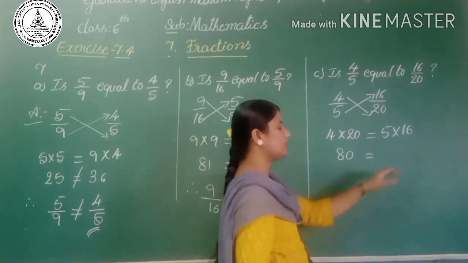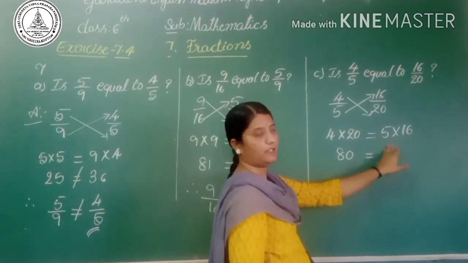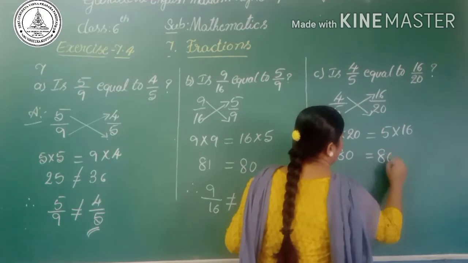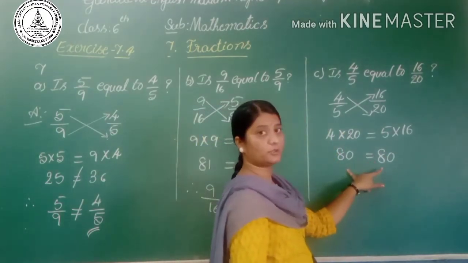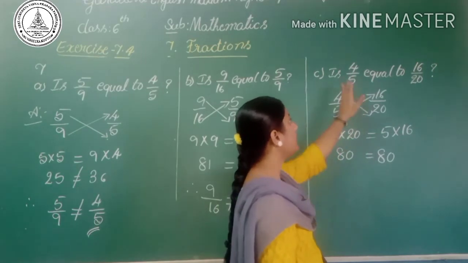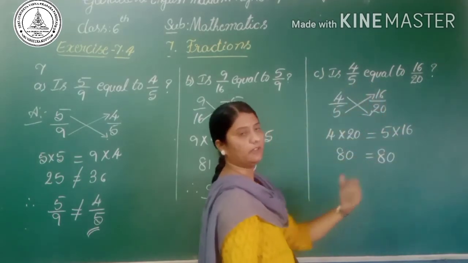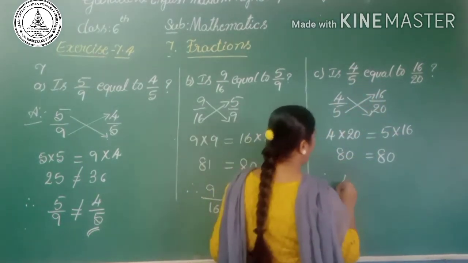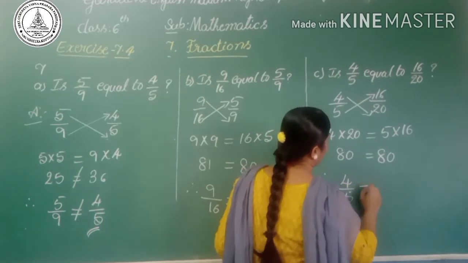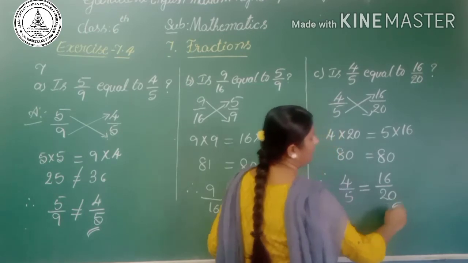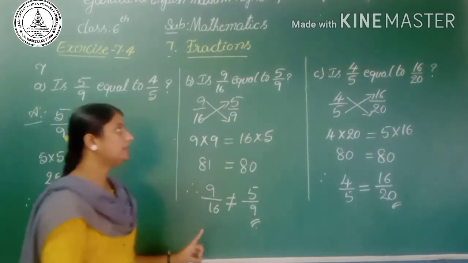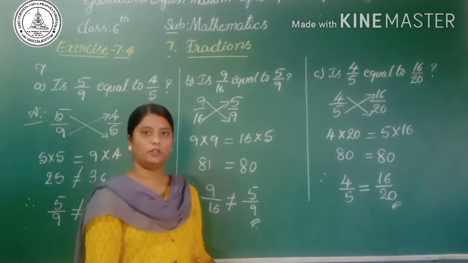Then 16 5s are 80. Right? So the product of these two are the same. Therefore the given fractions are equal. Therefore write down 4 by 5 is equal to 16 by 20. And the remaining question you can do in your notes.